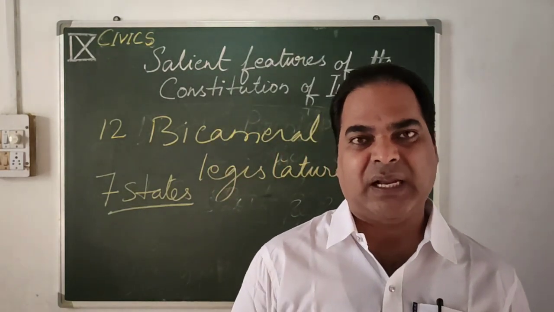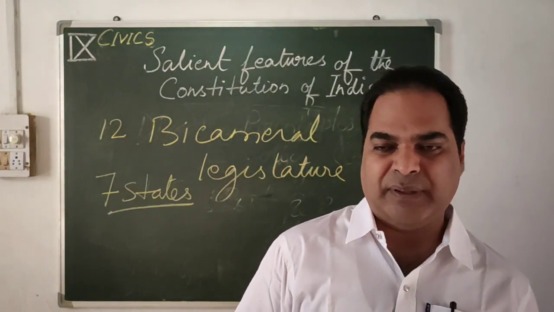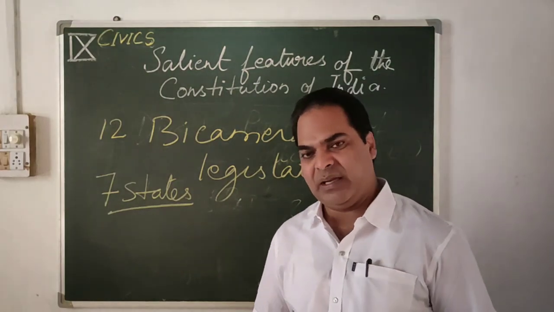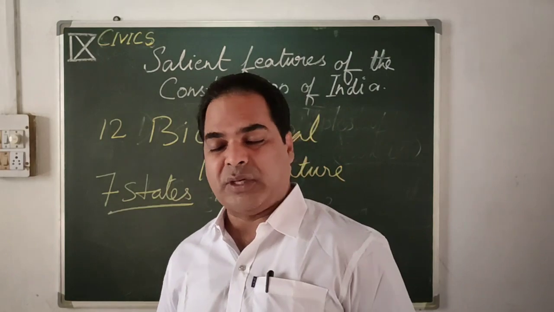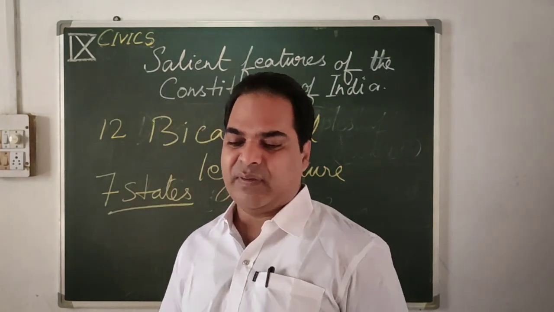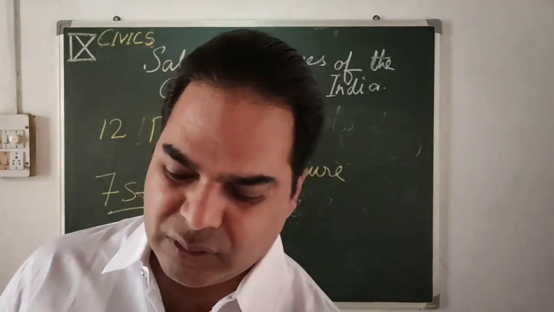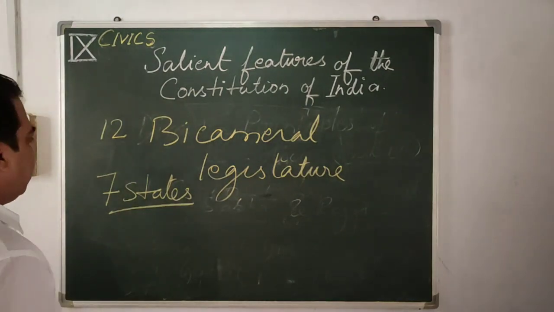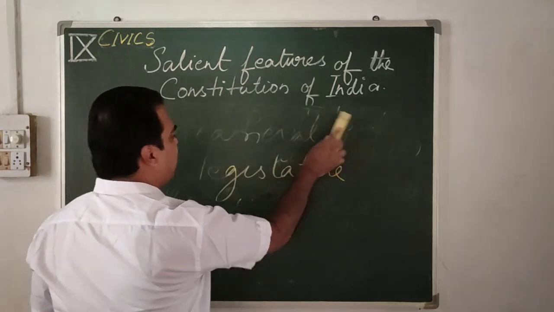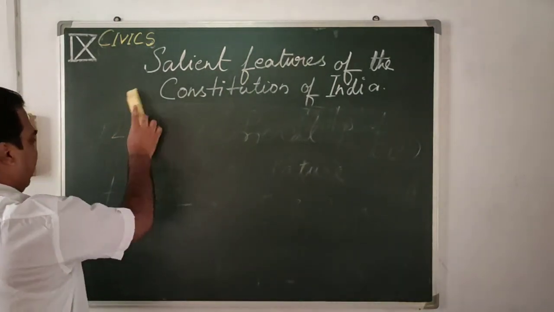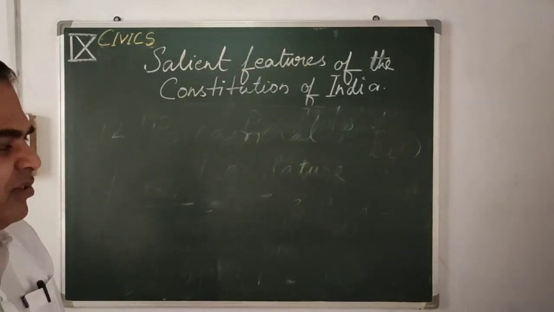After the formation of Telangana, it was also given 2 houses, a bicameral legislature: the legislative assembly and the legislative council, the lower house as well as the upper house. So this is all about the bicameral feature of our country. We have Lok Sabha and Rajya Sabha.